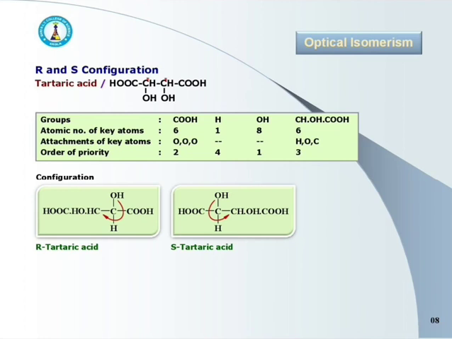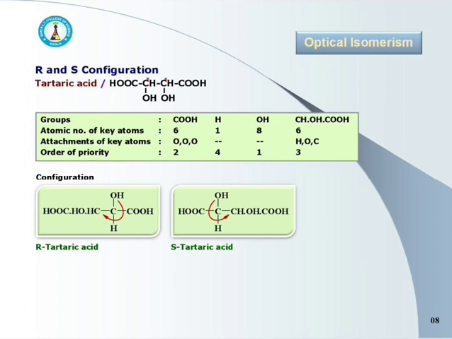OH, highest atomic number, first priority. H, lowest atomic number, fourth priority. See the attachments of the key carbon in the COOH and CHOH groups. For the COOH group, attachments are oxygen, oxygen, oxygen.